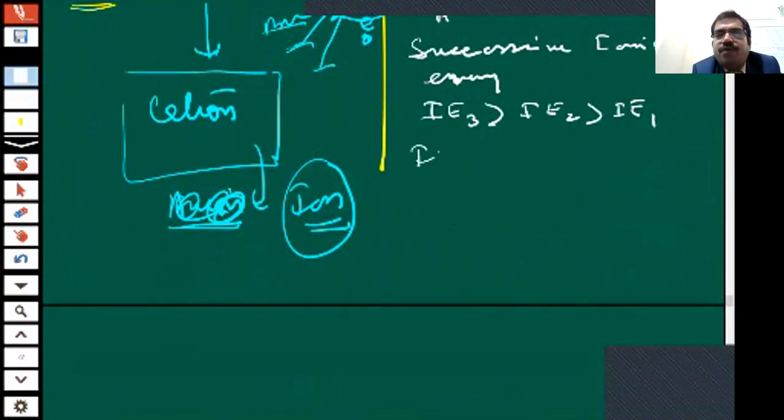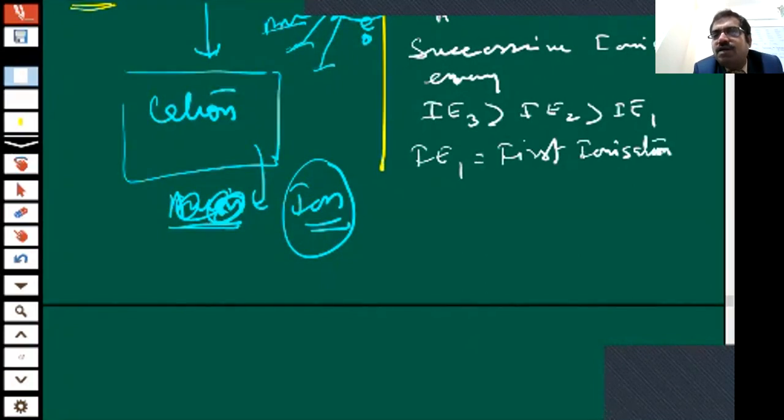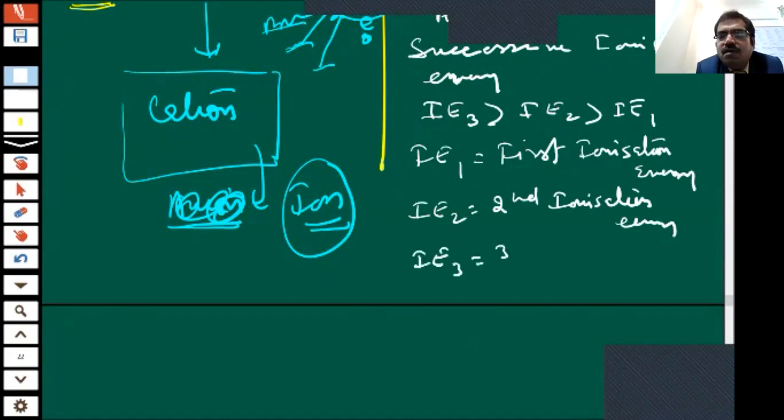The full form of IE1 is first ionization energy, IE2 is known as second ionization energy, IE3 third ionization energy, and so on.